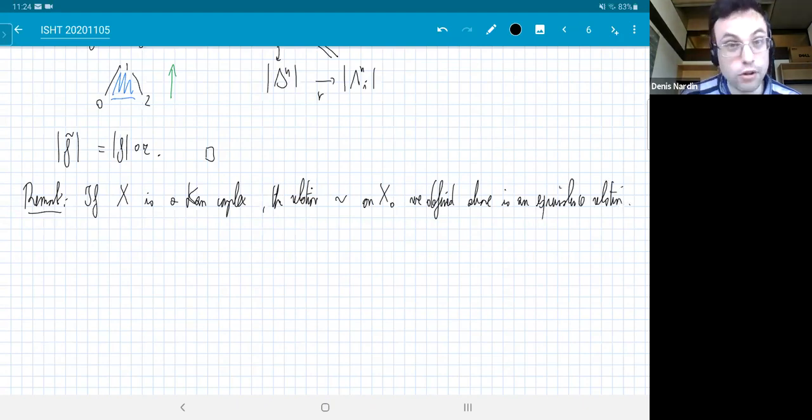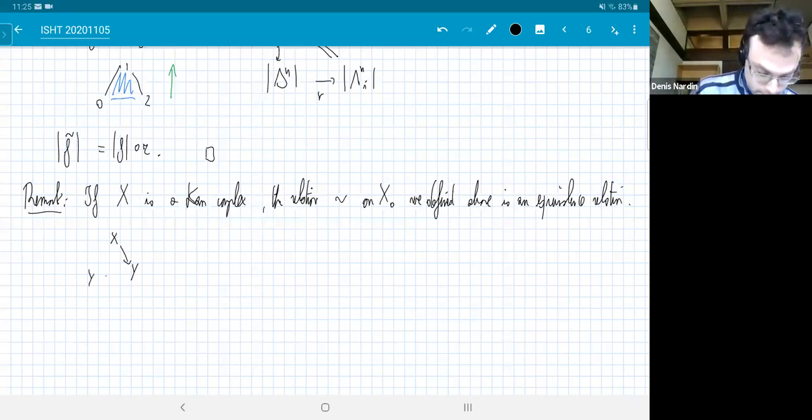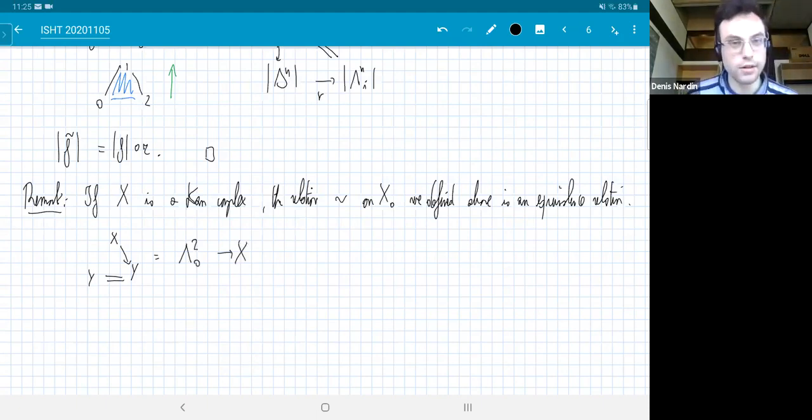And I think I just gave you the proof of transitivity, in fact. And for the proof of symmetry, for example, if you have a path from x to y and you want to construct a path from y to x, this is a map from Λ^2_0 to X, and then you can just extend it to Δ^2.